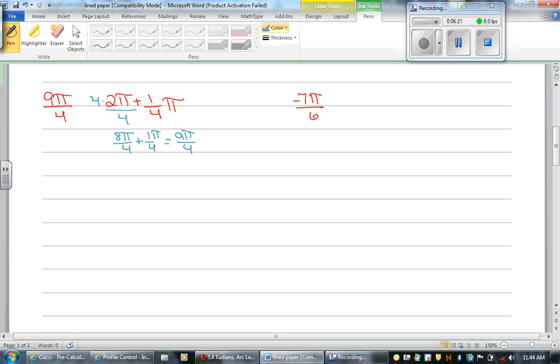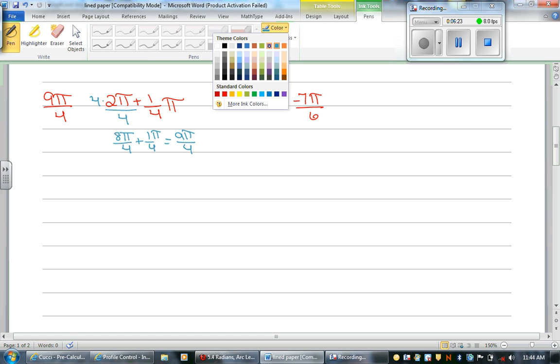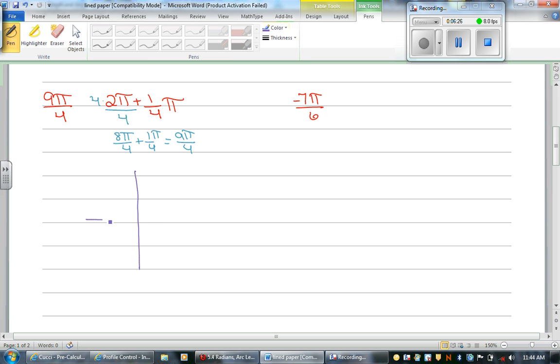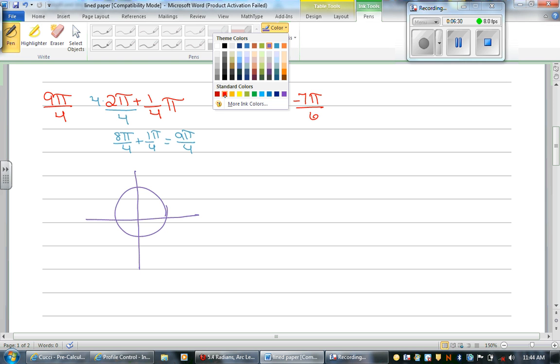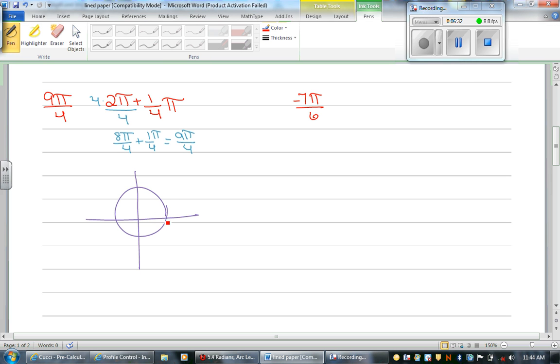So if it's 2 pi plus 1/4 of a pi, what that would look like on the unit circle is, I know that I'm going to go all the way around once, and then I want to wind up at 1/4 of a pi. Remember, this is pi here, this is pi over 2, this is 0, 3 pi over 2.